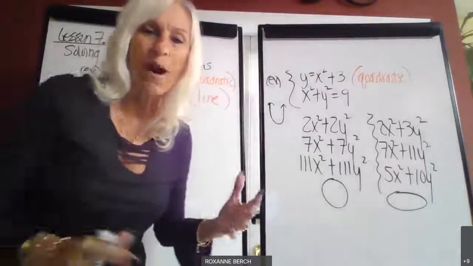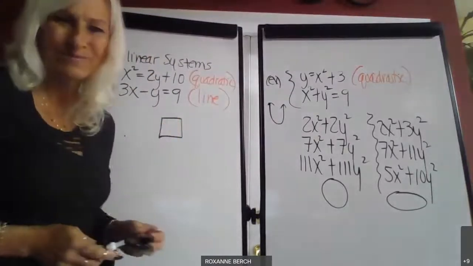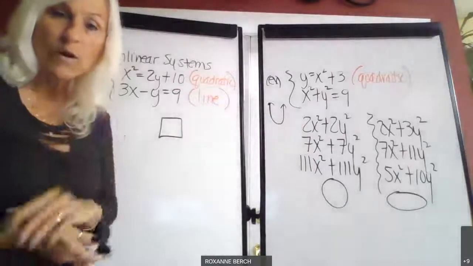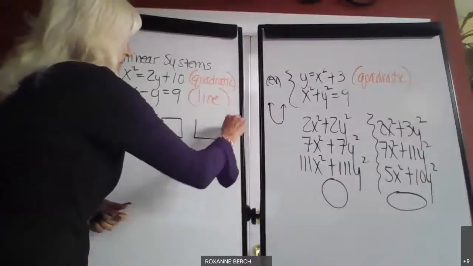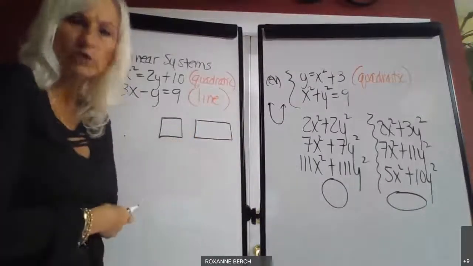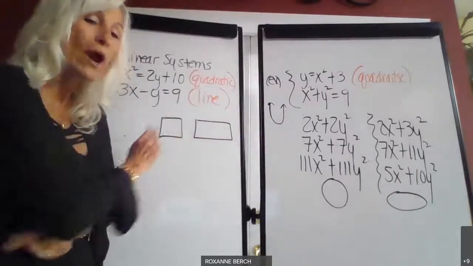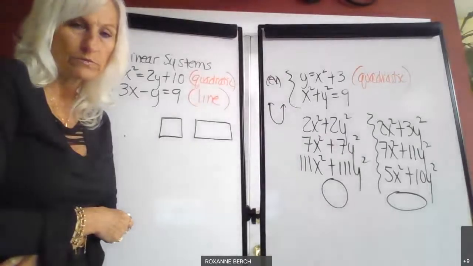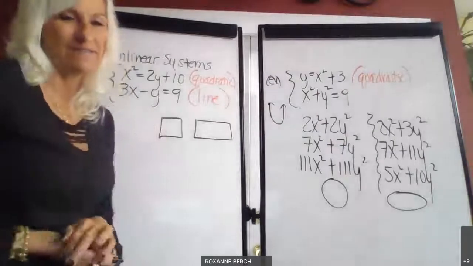So just like the square, it's hard to be a square. You have to have 4 equal sides and 4 equal angles. A square is a rectangle, but a rectangle is not a square. So just remember, a circle has to be perfect.